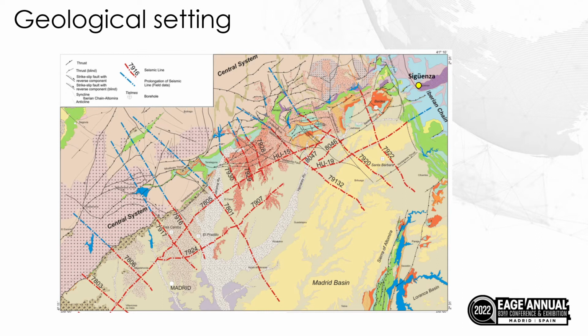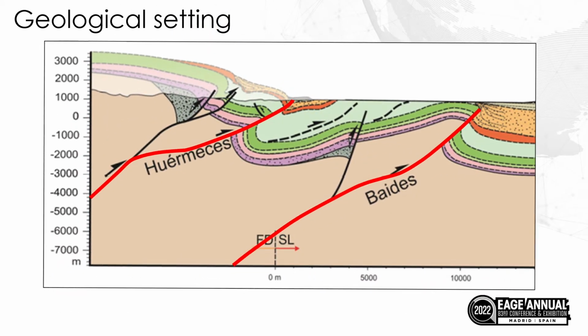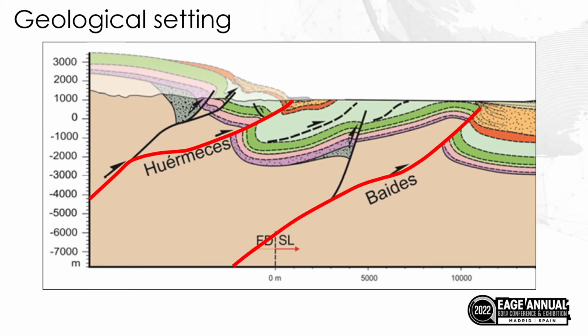Here is the city of Sigüenza, for those who know it, and we focus on two fault thrusts, the Wermeses and the Baides thrusts. And we have a section crossing them, so this is the section. And these two thrusts have different features at the surface.